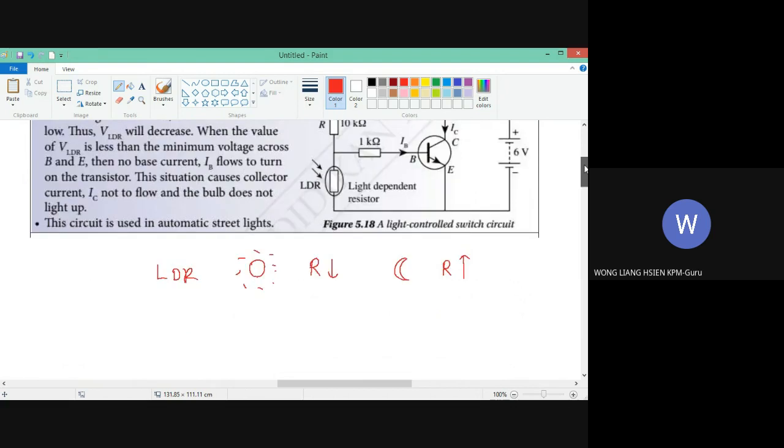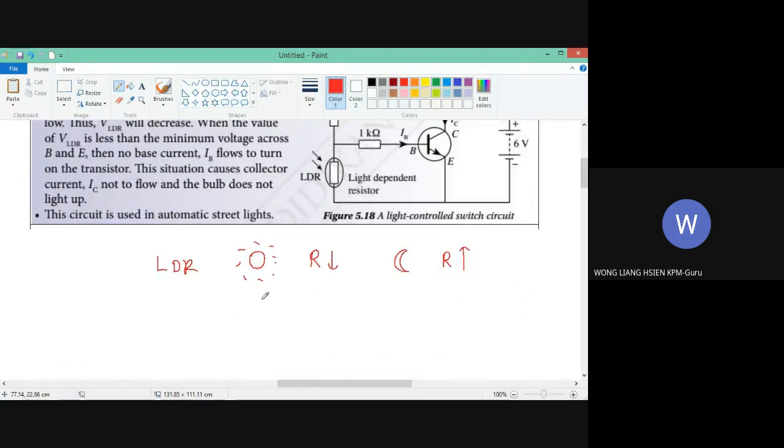You see, this LDR is also made from semiconductor.